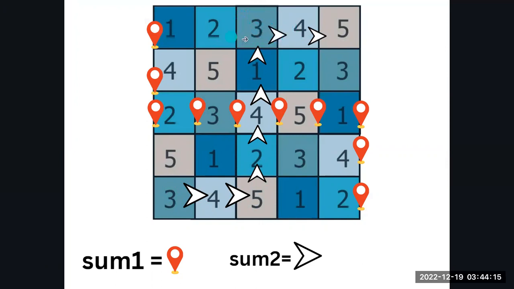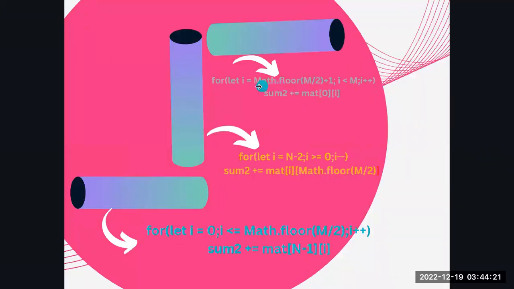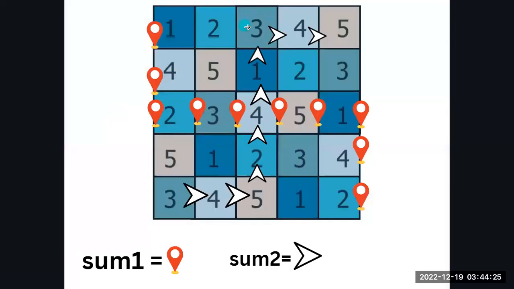Now guys, from here 4 we have to cover 5. 4 to 5. So this value, if we have to show this value, then how can we show it? Math.floor(m/2), right? 0, Math.floor(m/2).